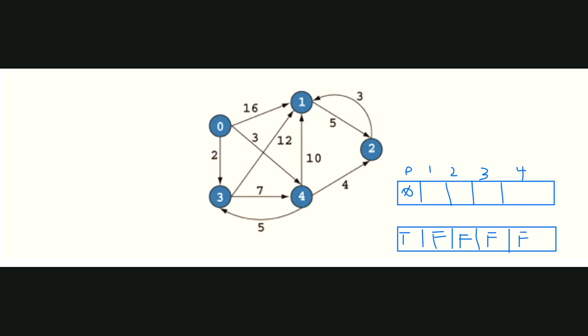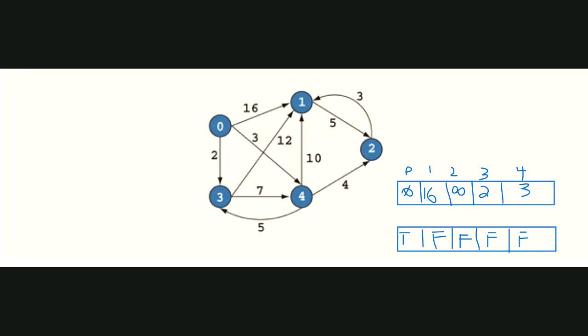From 0 to 1, I know the weight is 16, so I'm putting 16 there. 0 to 3 is 2, so I know that one for sure, 2. And from 0 to 4 is going to be 3, so I know that as well. We don't have a direct path from 0 to 2, so based on the algorithm, we're just going to use infinity.